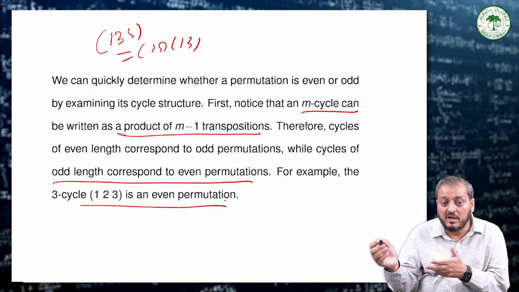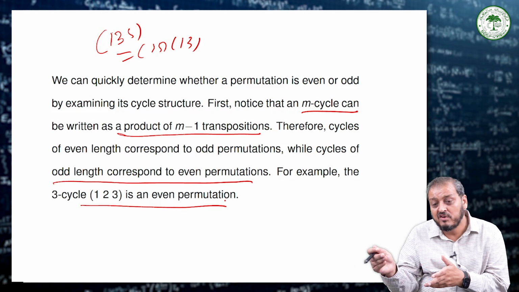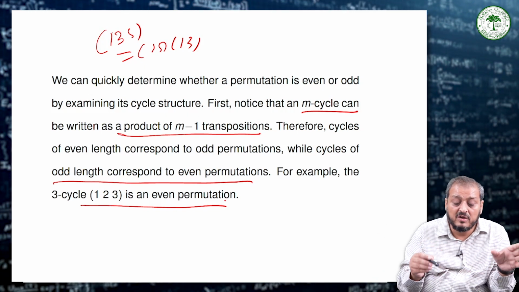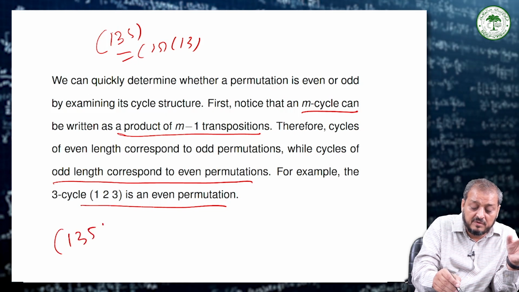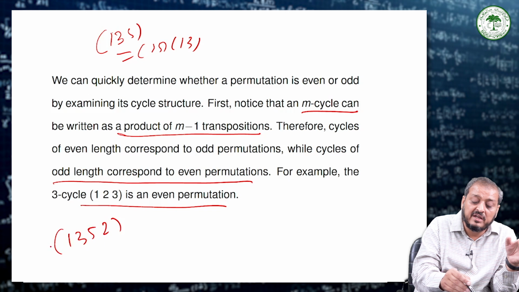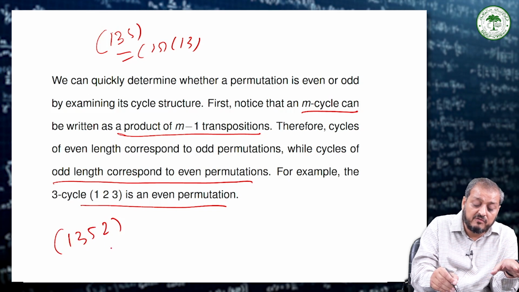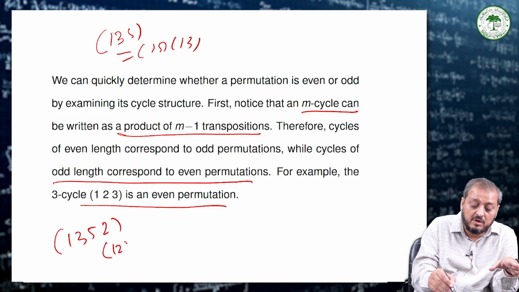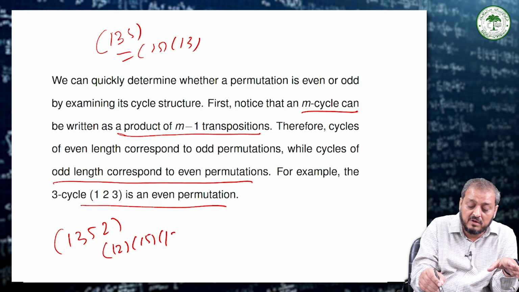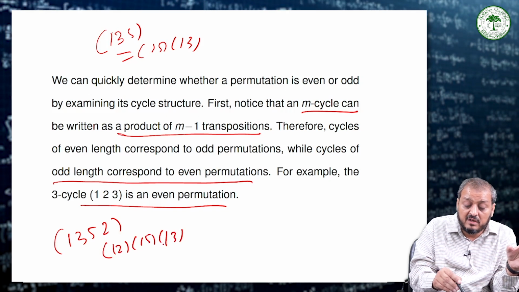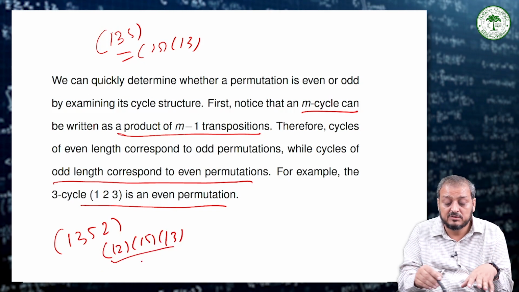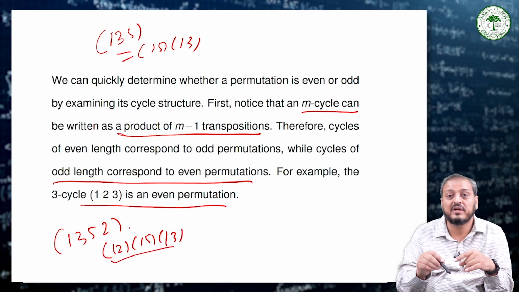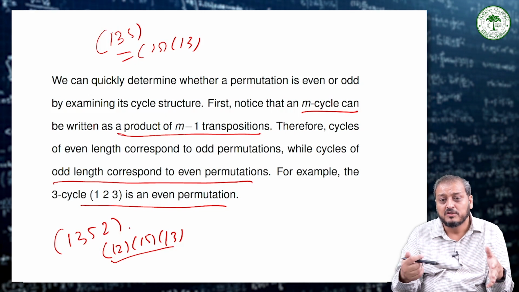For a cycle of even length, if we take (1 3 5 2), which clearly has even length, and write it as transpositions (1 2)(1 5)(1 3), we get an odd number. So m equals 4, 4 minus 1 equals 3, so this is odd.